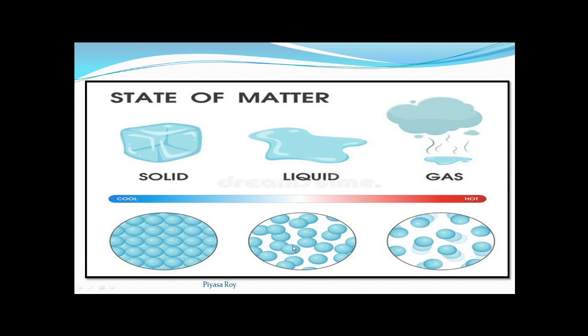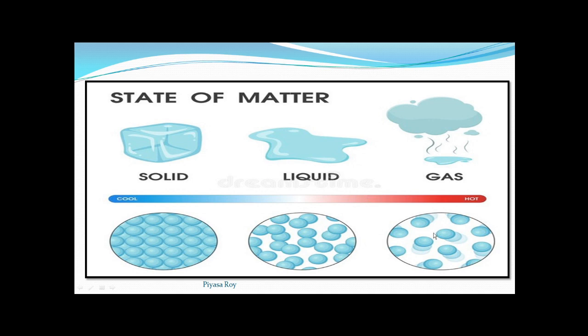The particles of matter attract each other with a force which is called interparticular force of attraction or intermolecular force of attraction. This force of attraction is maximum in solid, and then in liquid the force will be a little bit less. That's why the particles have space in between them.